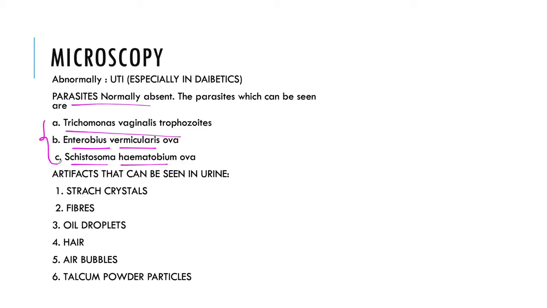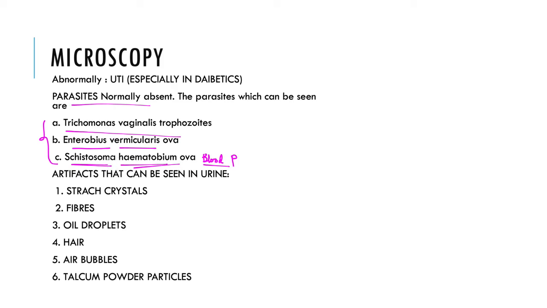Usually Trichomonas vaginalis is seen in females. Schistosoma haematobium is actually a blood parasite, usually present in blood, but sometimes it can be seen in urine also.